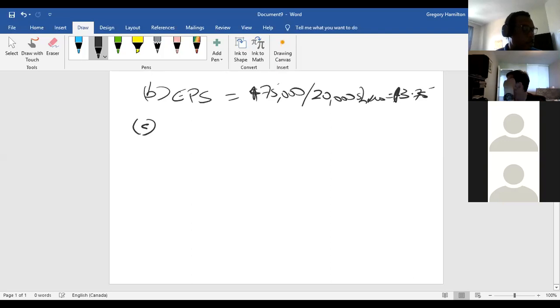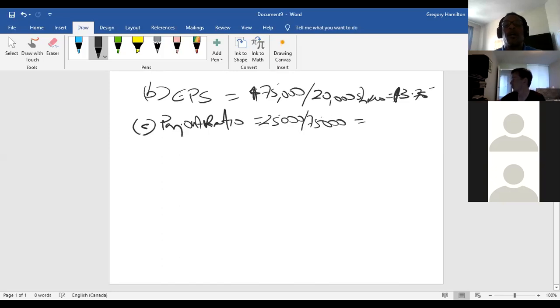C, payout ratio. Payout ratio would be what? It represents the dividend that was paid over earnings for the year, and that would be 0.33.